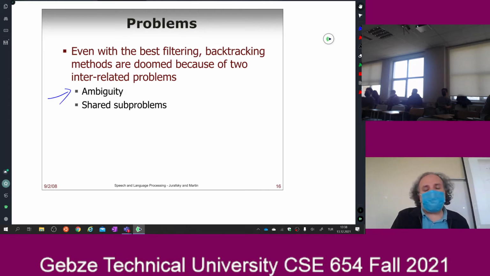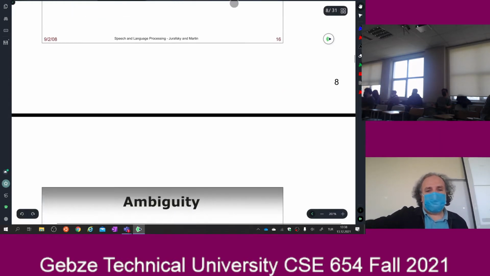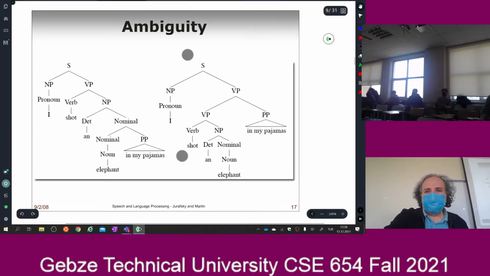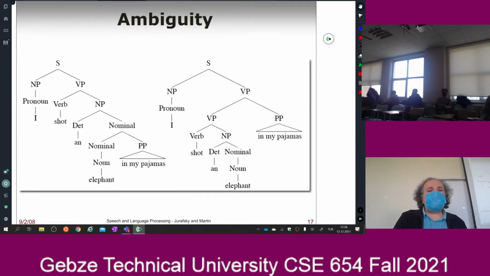That's what we are trying to do actually with dynamic programming. Okay, so ambiguity, we already know that. The sentence is this: "I shot an elephant in my pajamas", and it's both sentences.